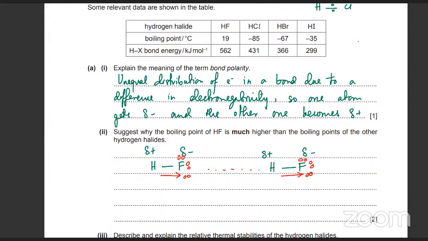So you're just going to write two things. One is that HF has hydrogen bonds. And the other ones, HCl, HBr, and HI, have permanent dipoles only, not hydrogen bonds, plus van der Waals forces.